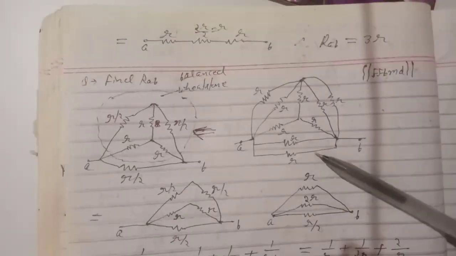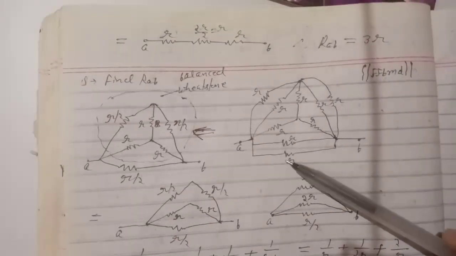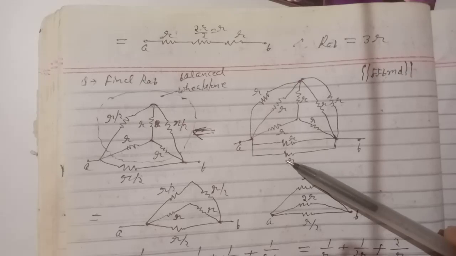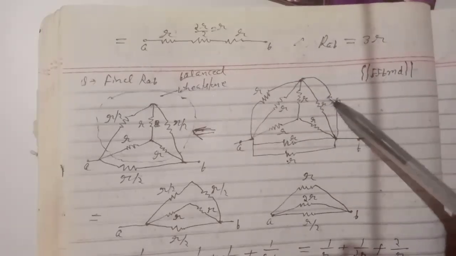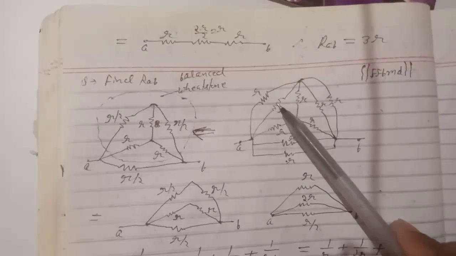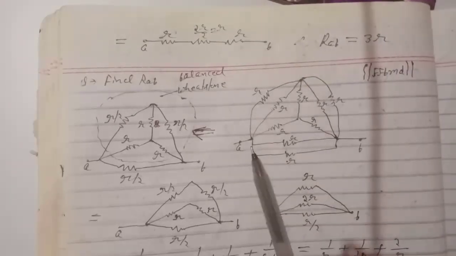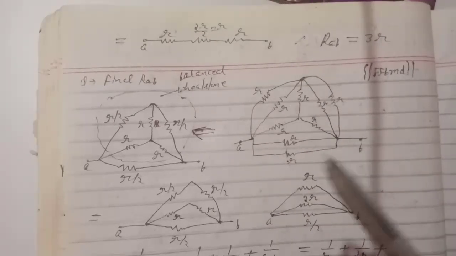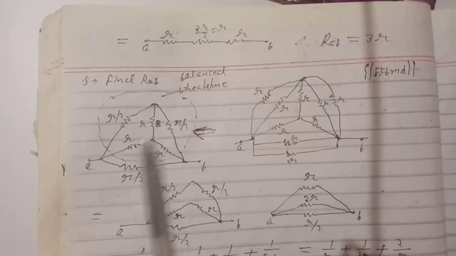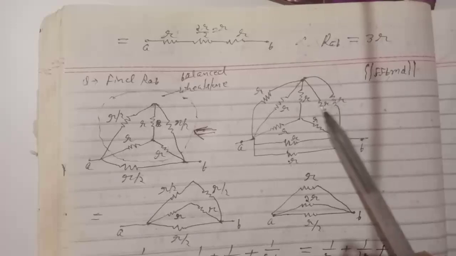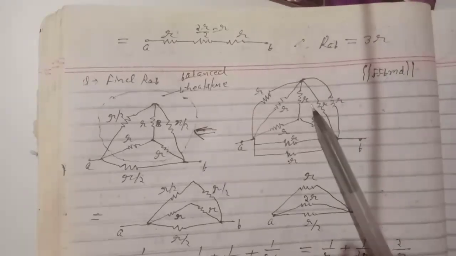Here we see these two are in parallel, and again this is in parallel and this is in parallel. So solving all this circuit, that is the equivalent of this and the equivalent of this, then our circuit will transform like this.